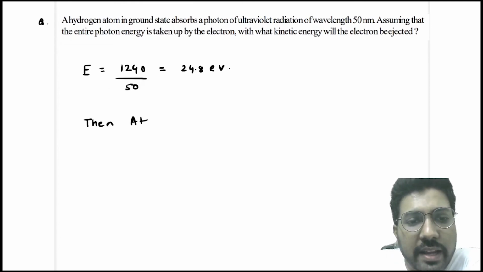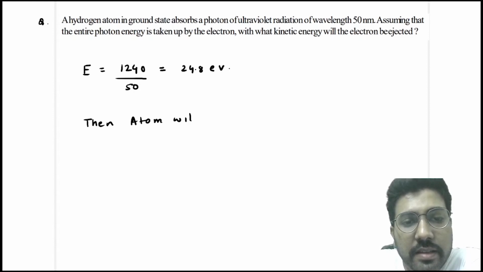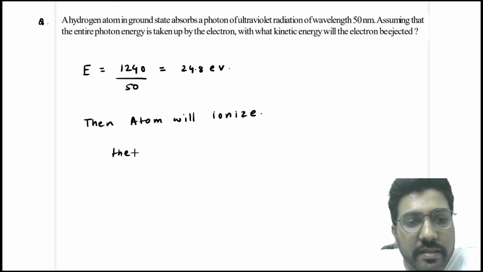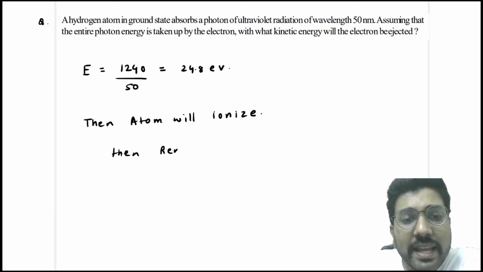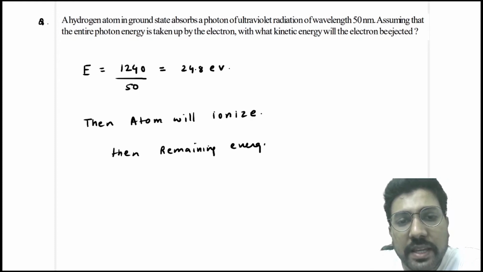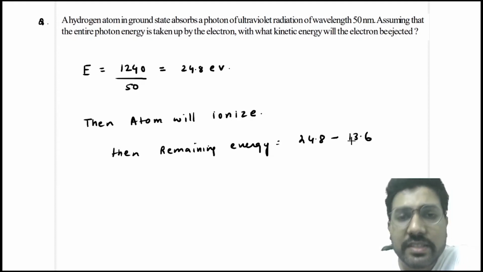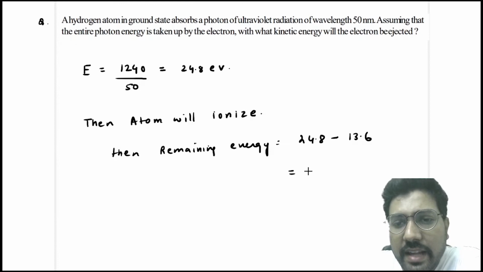Now, assuming that the entire photon energy is taken up by the electron, then obviously the atom will ionize. Then the remaining energy will be 24.8 − 13.6, because the ionization energy is only 13.6, and that comes out to be 11.2 electron volt.